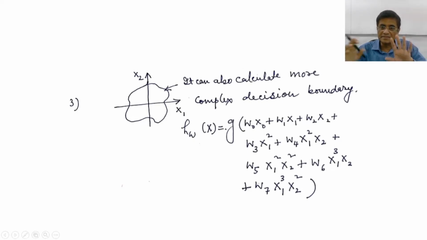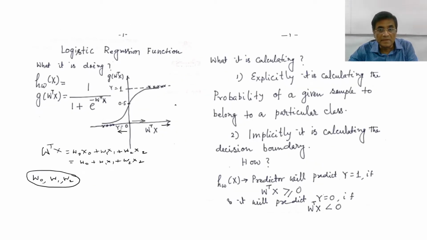Only here, g is a logistic function which is forcibly separating the samples. So the decision boundary could also be like this. This is the kind of decision boundary you get implicitly from this predictor, and explicitly you just take the predictor, put in all these values, and you get a probability for any sample belonging to class y equal to 1, provided I am designing w properly.